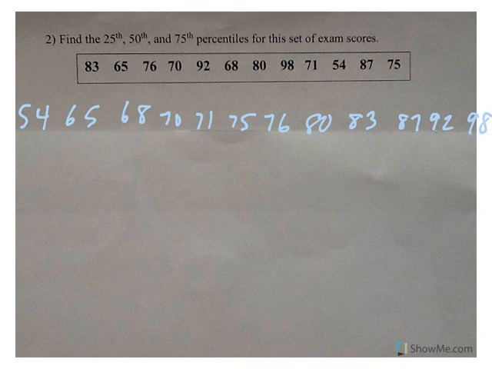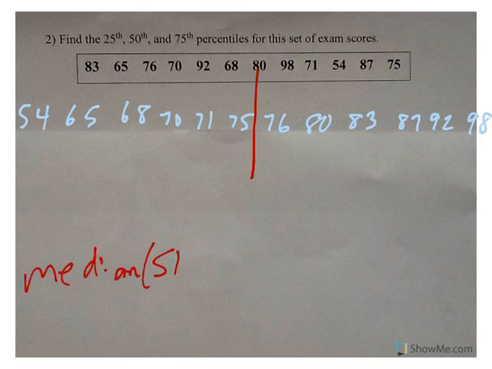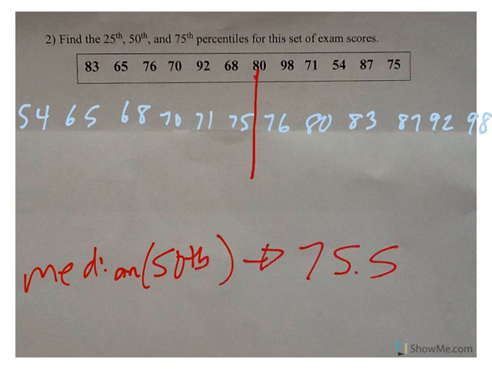You've got to find your median. So you work your way to the middle, and it falls directly between 75 and 76. So our median, or our 50th percentile, is 75.5. So the 75.5 tree is the one that I chopped down. So when I'm looking for my 25th percentile, I'm looking at the median of this front half.